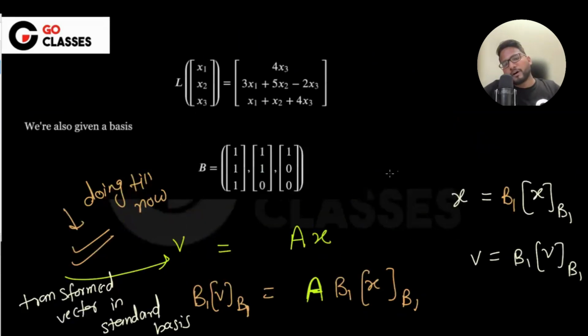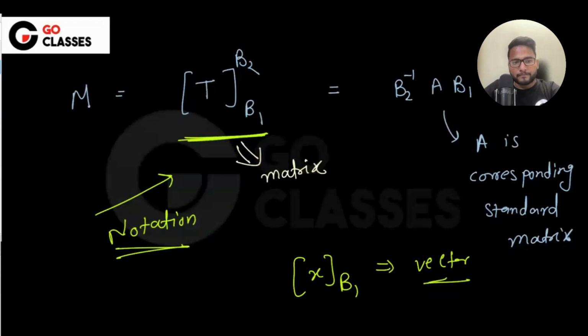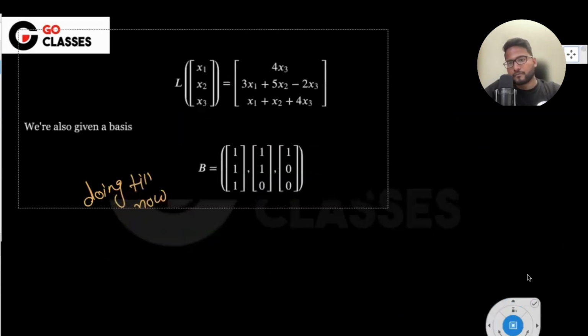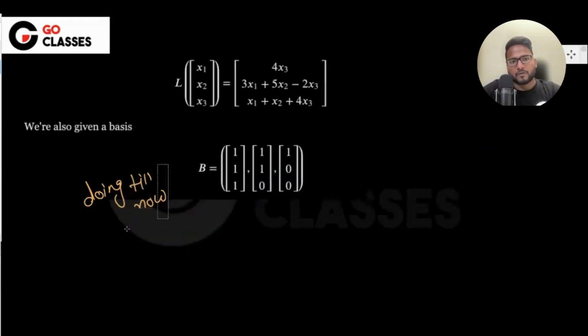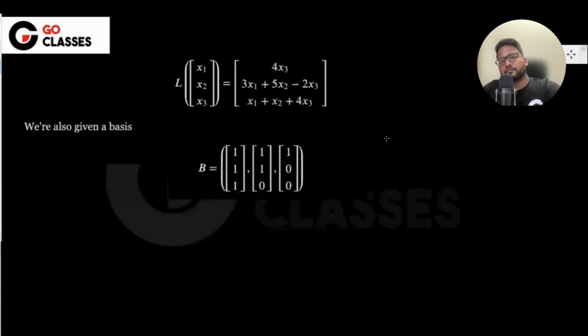Let's suppose I want to find a matrix which does this transformation and takes input in basis B and gives output in basis B itself. I mean, B1 and B2 here are the same. Just try it. Okay.